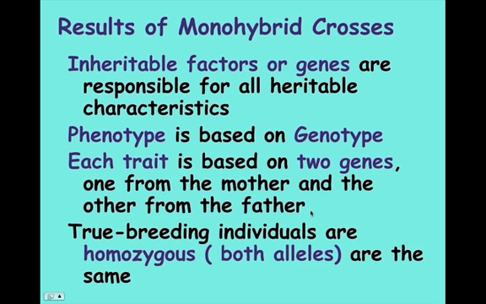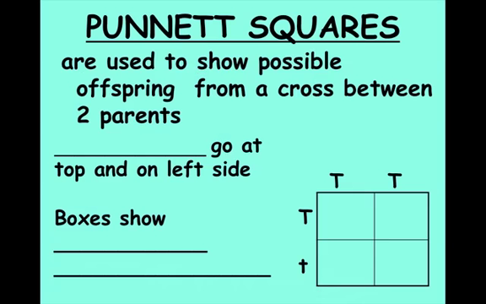True breeding individuals are homozygous, which means that both alleles are the same. And we talked about big R, or little r. These are homozygous, and another name is pure. Punnett squares are used to show possible offspring from a cross between two parents.